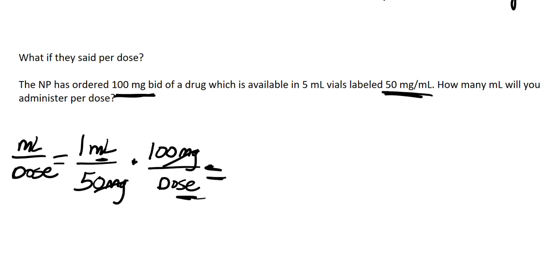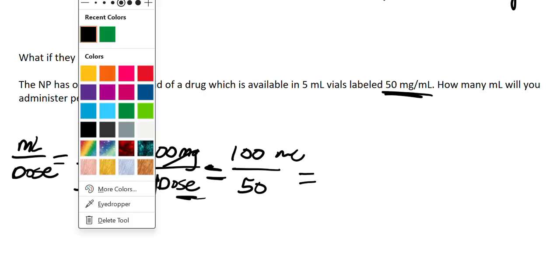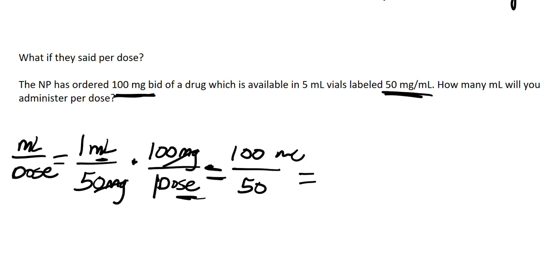So 1 times 100 is 100. And 50 times 1 is 50. 100 divided by 50 is, oops, this thing be jumping on me, y'all. 2 milliliters.